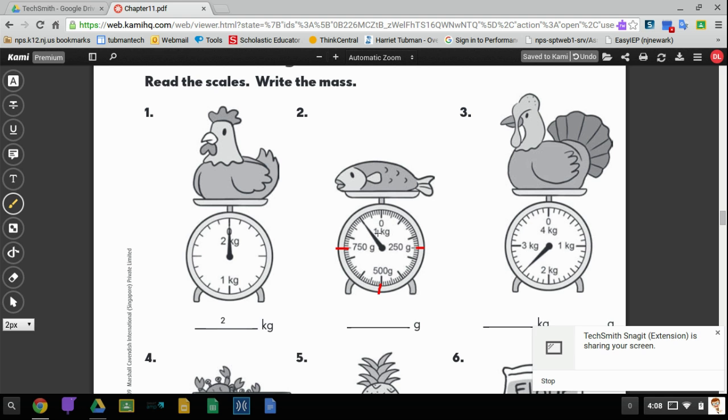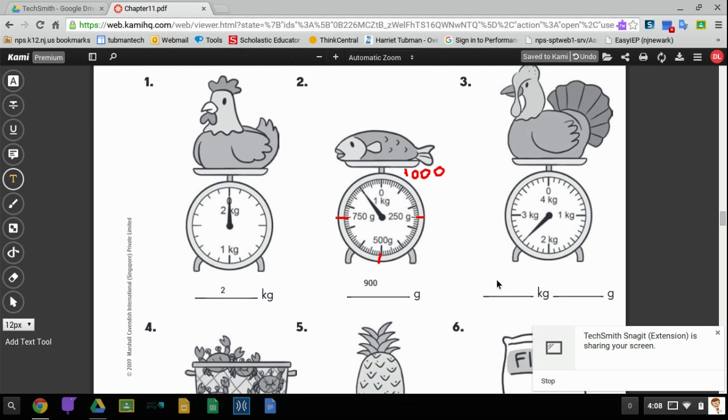And this one represents 1 kilogram, which is also 1,000 grams. So, these are probably hundreds: 100, 200, 300, 400, 500, 600, 700, 800, and that would be 900. So that's 900 grams.